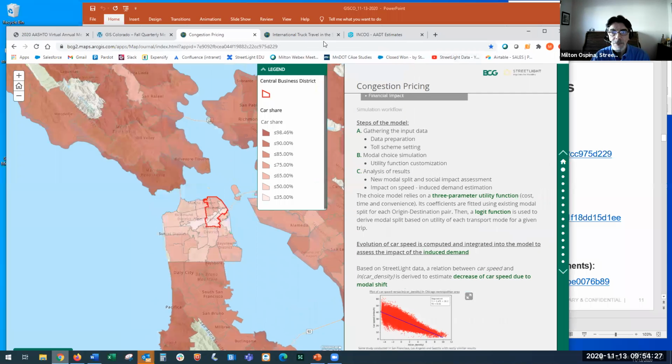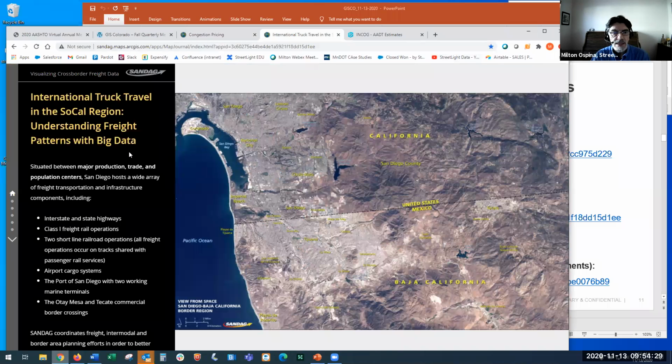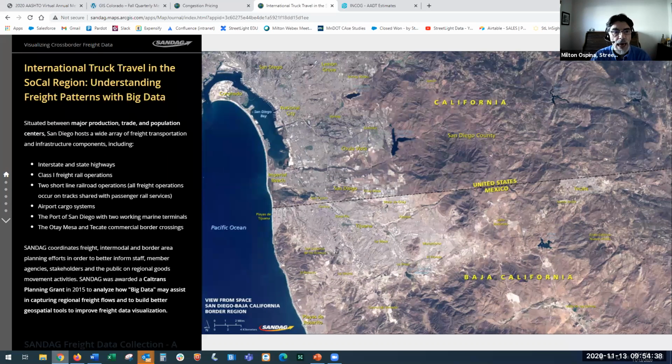So that's one example. Another example is by Sandag, the MPO, Metropolitan Planning Organization for San Diego. In this case, they wanted to look at understanding the travel pattern behavior of freight, commercial vehicles across the border.